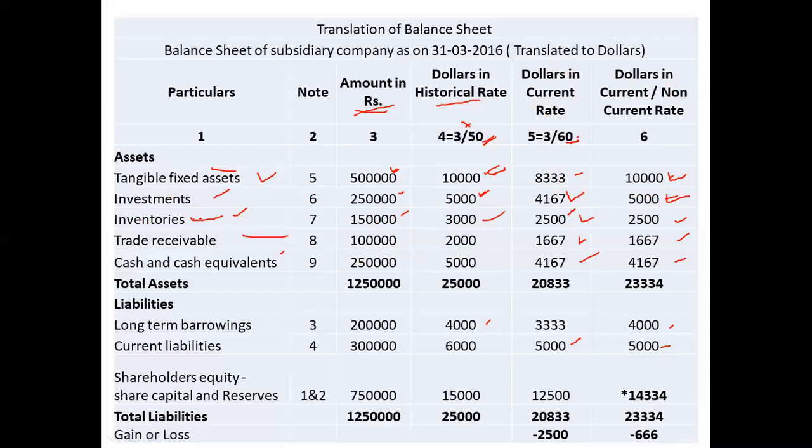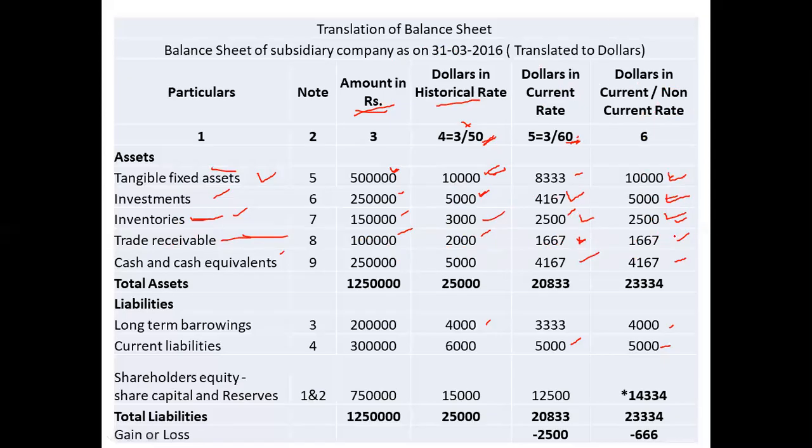Inventories is a current asset, so in the current and non-current column it should be taken as 2,500. Trade receivables or bills receivable is 1 lakh. 1 lakh divided by 50 is 2,000 at the historical rate, and divided by 60 is 1,667. This is a current asset, so the value of 1,667 at the current rate should be taken.